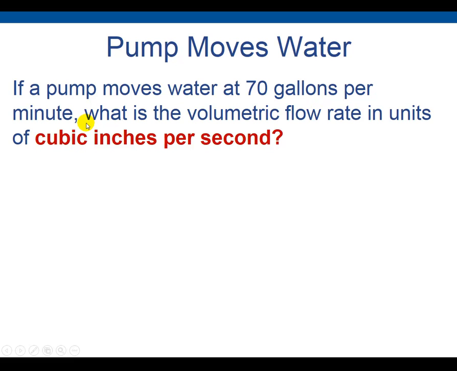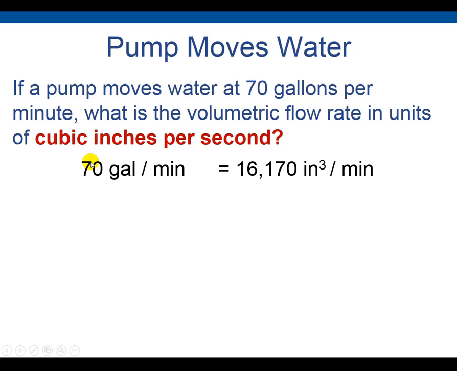This pump can pull up water 70 gallons per minute. The question is, what is the volumetric flow rate in the unit of cubic inches per second? So we have 70 gallons per minute, and how can you convert it to cubic inches per second? That's the question.